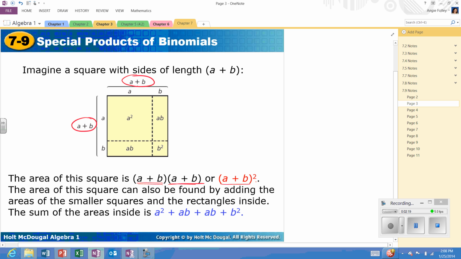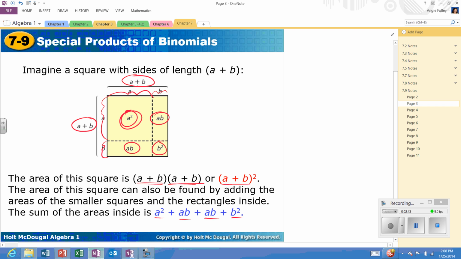So we can say that a plus b times a plus b is the same thing as a plus b squared. The area of the square can also be found by adding all the areas of these little smaller rectangles together. So if we added all those up, that would be a squared plus ab plus ab plus b squared. And they're getting that from here's your a, here's your a. So that times itself gives you this area. Here's your little b, here's your b.